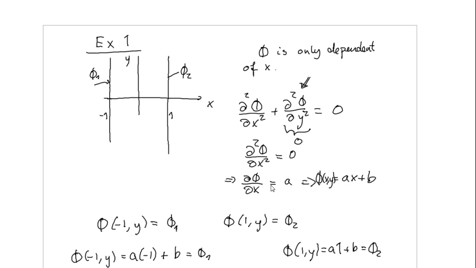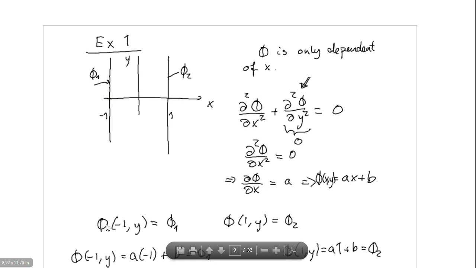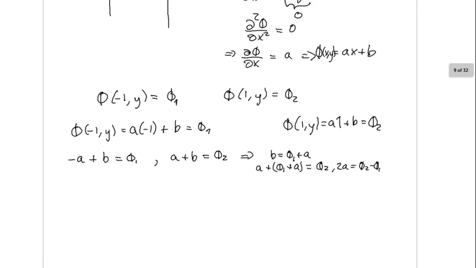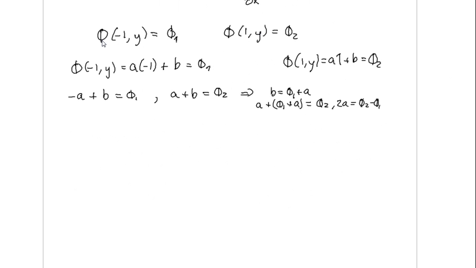In order to find a and b, we just use these boundary conditions, phi 1 and phi 2. This means that the function phi at the x value minus 1 and for all y should be equal to phi 1.